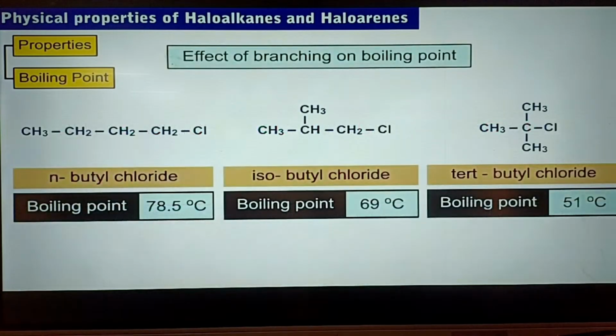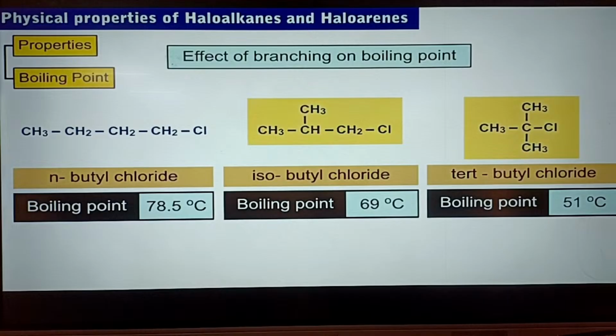The boiling points of isomeric haloalkanes decrease with an increase in branching. This is due to the fact that with an increase in branching, the molecule attains a spherical shape with less surface area.